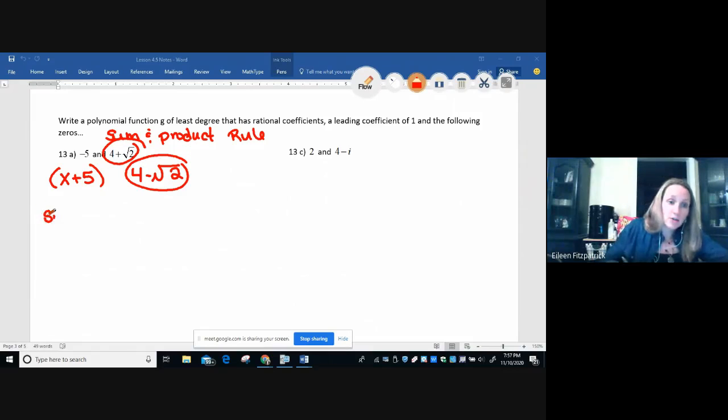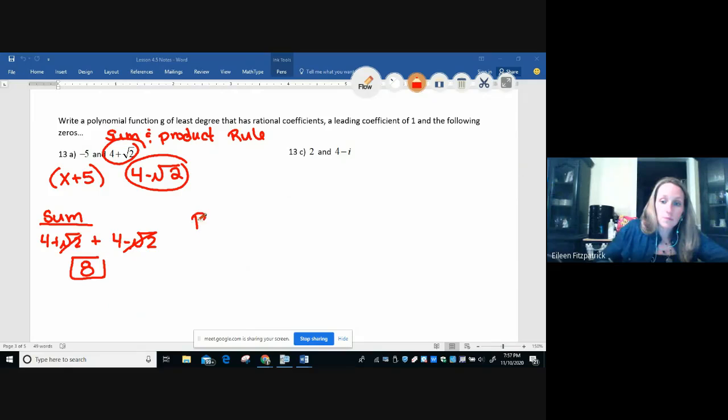You're going to take those two and find the sum. So you're going to have 4 plus root 2 plus 4 minus root 2. When you add like terms together, you're left with a sum of 8. Then you're going to find the product of those two. So the product of 4 plus root 2 and 4 minus root 2.